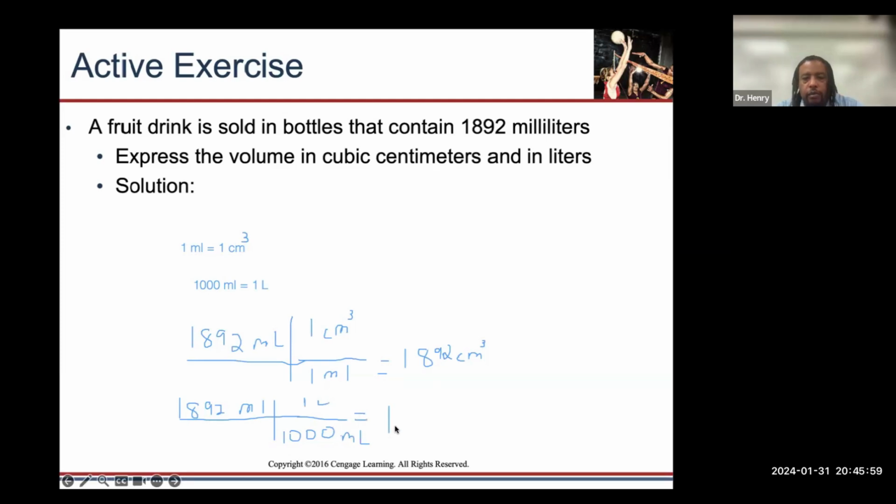That's going to be 1.892 liters. Okay, questions? Any questions? Okay, let's move on to the next topic.